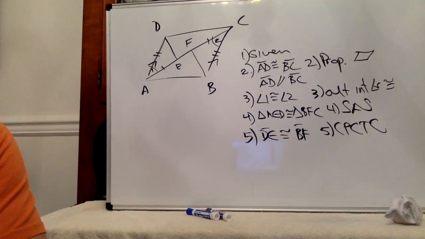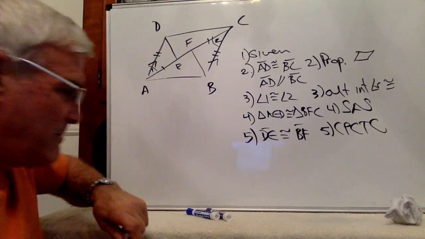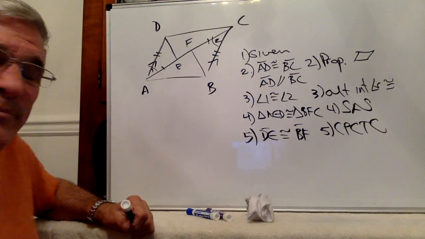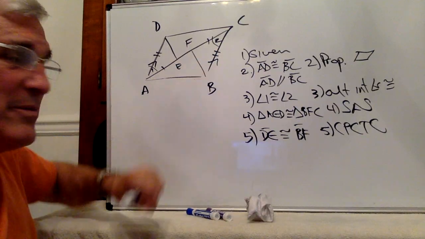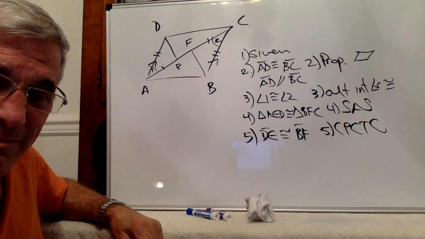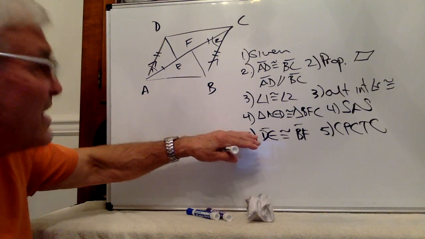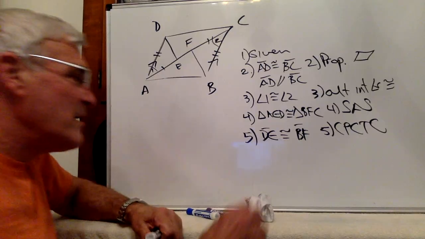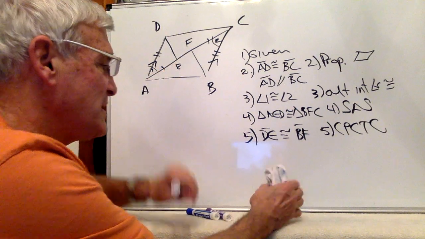It's labeled a little bit differently, but it's even labeled the same way, only they made this F and that E. And the problem here said, prove that these two line segments are parallel. So it is the identical proof, and I'm going to leave it labeled this way. They had E and F in different spots.